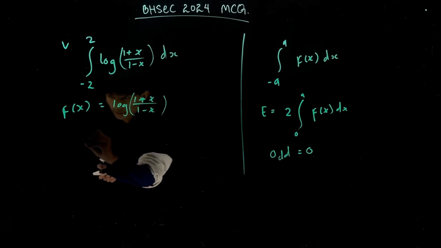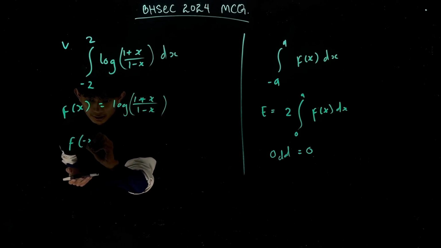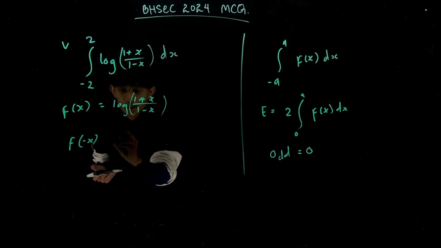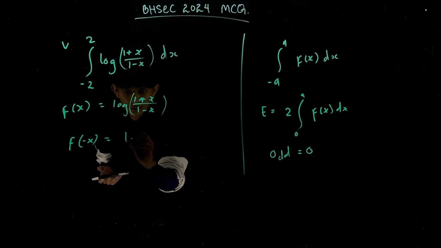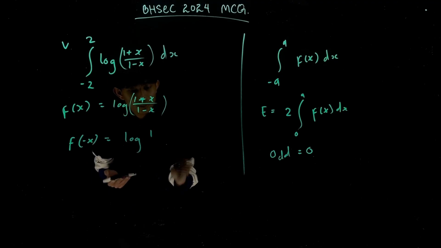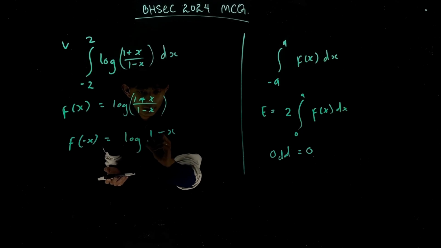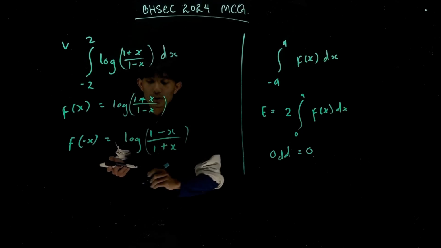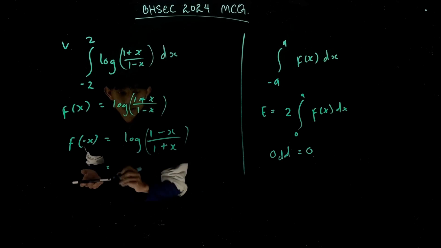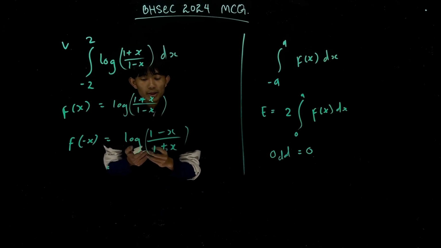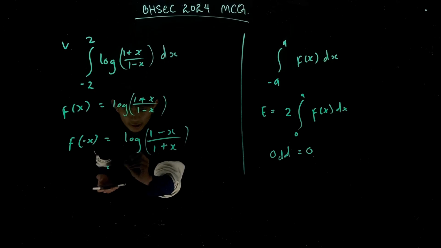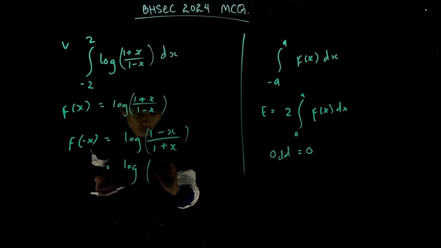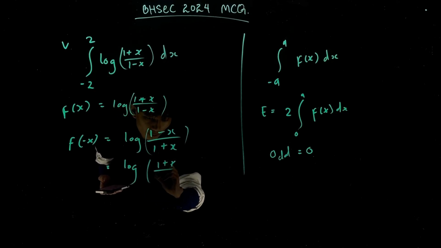So over here, if we put f of negative x, all the x gets replaced with negative x. So we have log of (1 plus negative x), so it's 1 minus x, divided by 1 plus x. What we can do here is take the reciprocal of this, 1 minus x divided by 1 plus x, and that will give us log of (1 plus x) divided by (1 minus x).